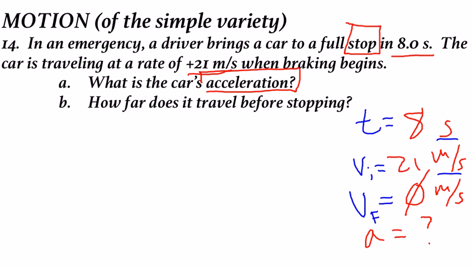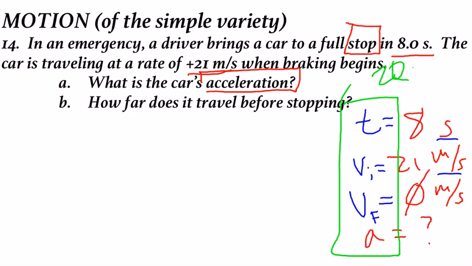I always list my givens in a column, like that, and I say, which equation's going to work? I ask myself the two questions. One is, is there time? Oh yeah, look at that, there's time. So the middle equation is not going to be useful. It was not useful this entire worksheet. Mr. Spudik must have made a mistake.